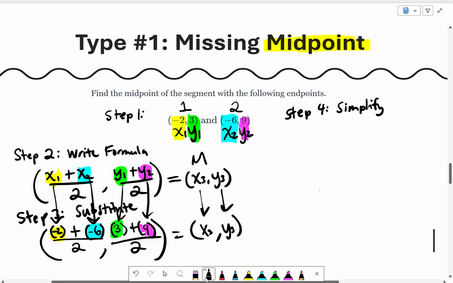So step 4 is simplify. So negative 2 plus negative 6 is the same as saying negative 2 minus 6. And then we have 3 plus 9.